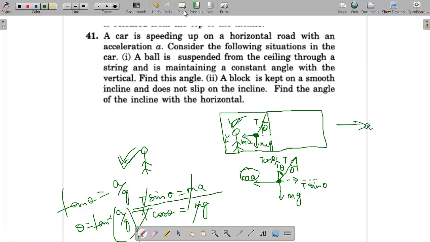Yes, it is inside the car only. Because if you keep a block on a smooth incline, it is going to fall down. They are saying it's not slipping at all. There is no friction also, they are saying. You have not started the friction chapter itself. They are saying it is a smooth one. Understood? So if you keep a block on a smooth incline, it's going to slip. But it's not slipping at all.